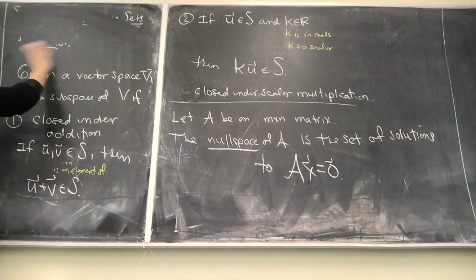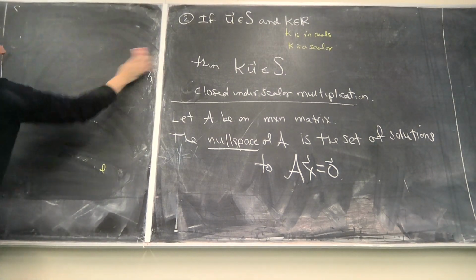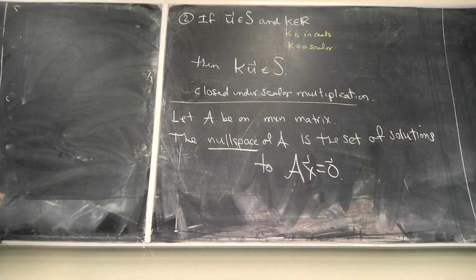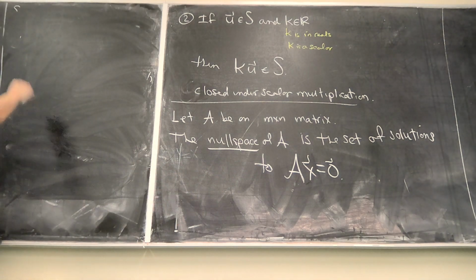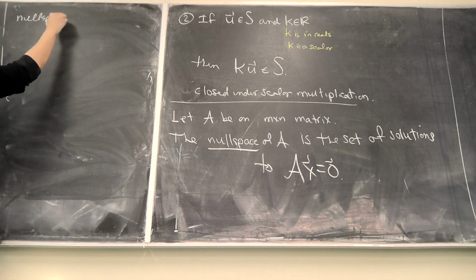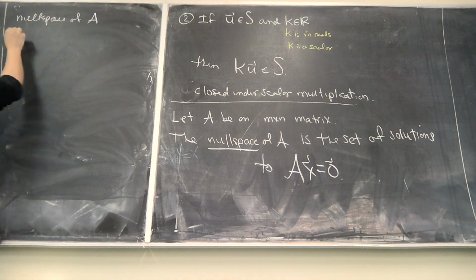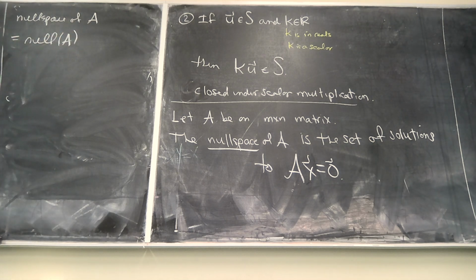I'm going to remind you of some more abstract terminology that shows up in the book. Because it's annoying to write null space of A over and over again, people will sometimes use the shorthand null A to mean the same thing.